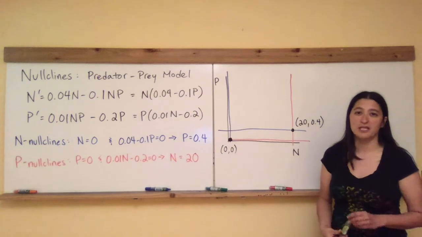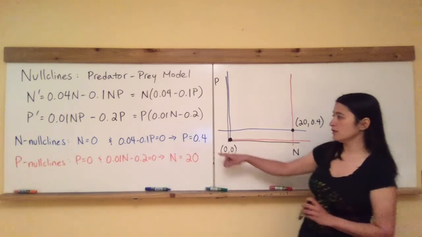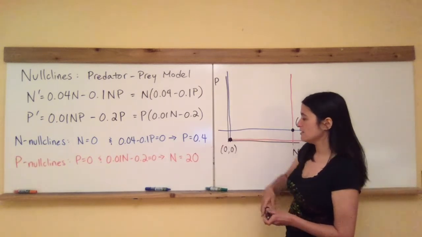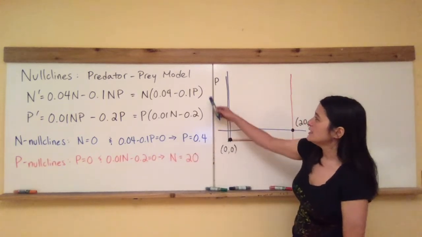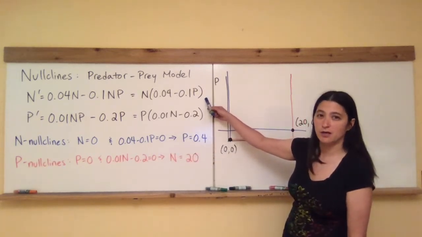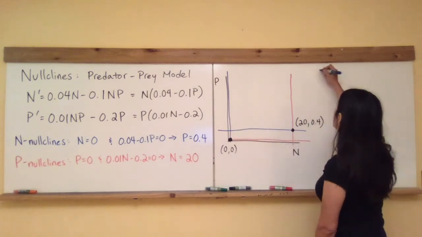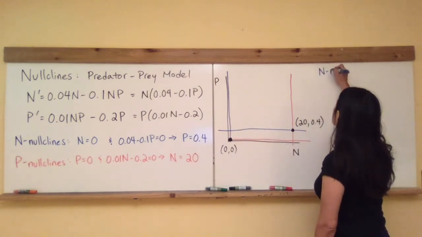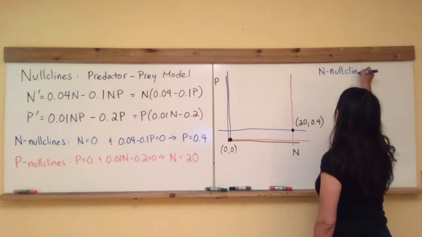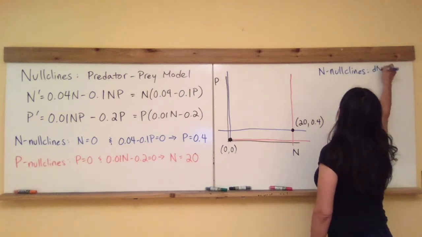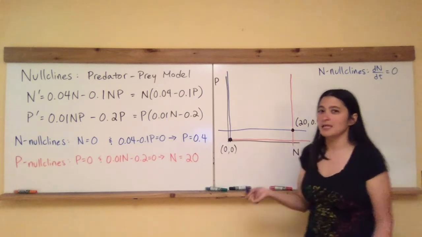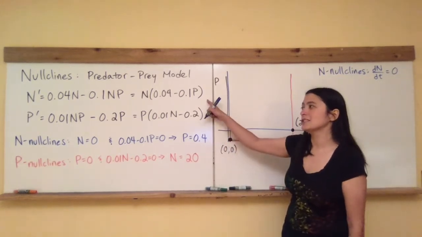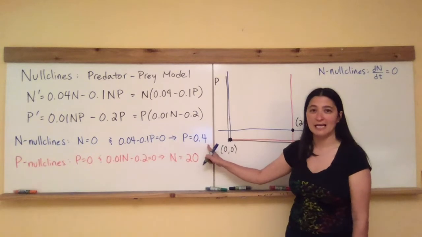Okay, this is 2 dimensions. So when I look at the blue Nullclines here, the n Nullclines, what it's telling me is that on the n Nullclines, dn dt equals 0. So on the n Nullclines, dn dt, I know for a fact equals 0 because that's how I got the n Nullclines, was I set this equal to 0 in order to get that.